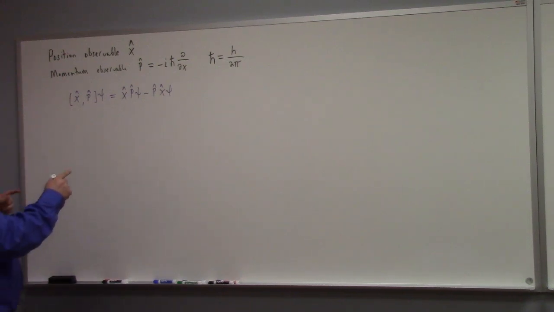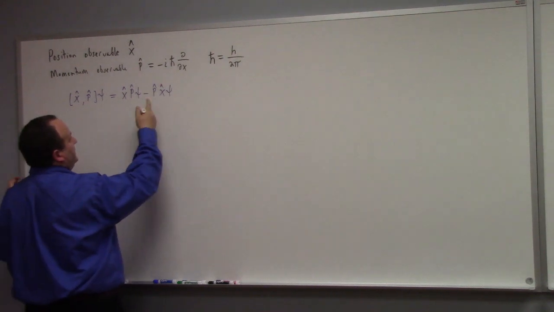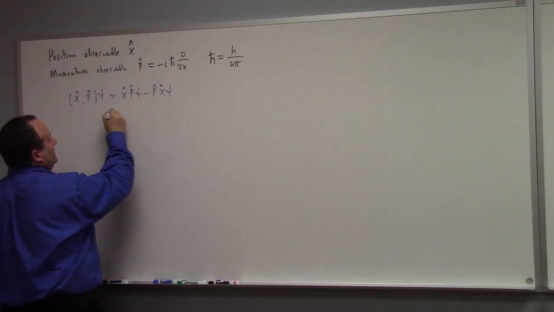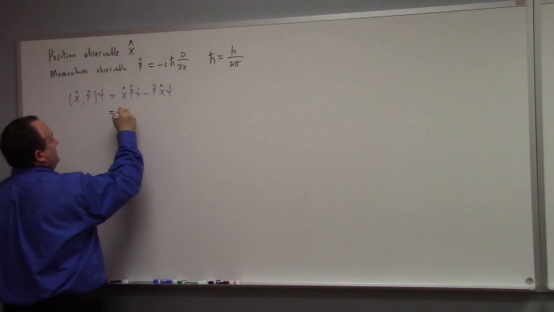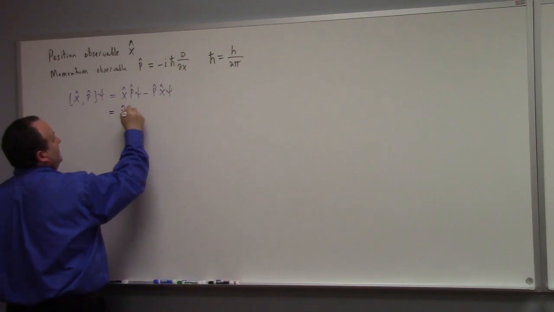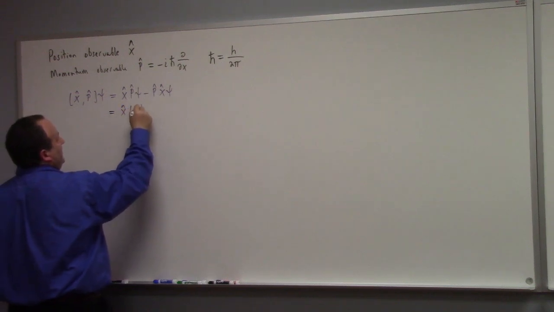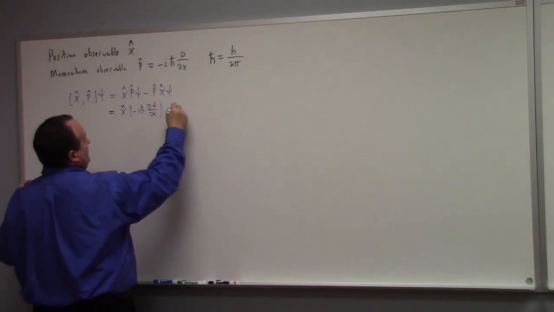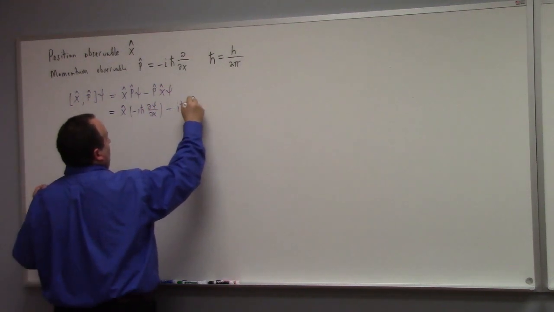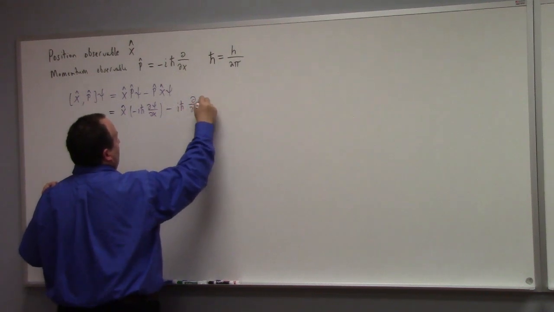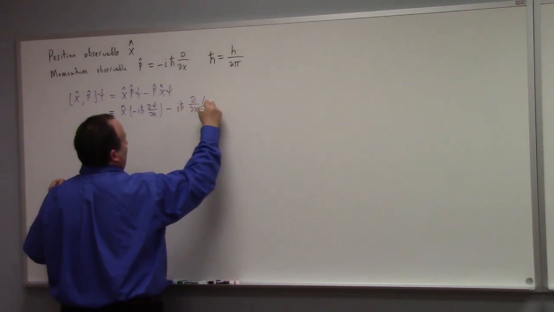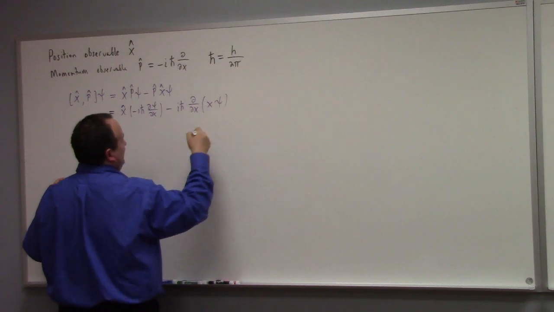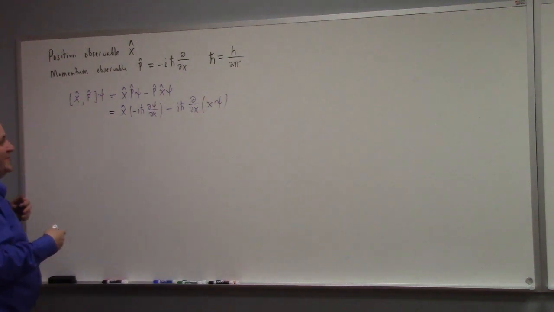Anyway, so this is the commutator, and of course you have to sort through what that means, right? So that's x hat times minus i h bar partial psi partial x, minus, i h bar partial x of, and x hat on psi just gives you x psi, right? I mean, the multiply by x operator is kind of boring.